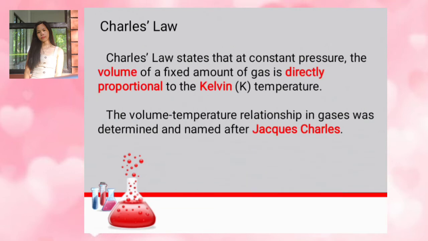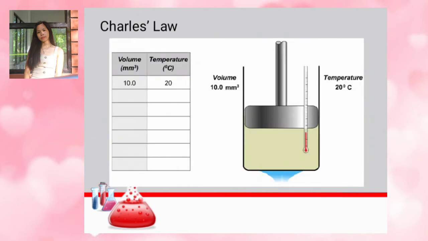And the next topic is Charles' law. Charles' law states that at constant pressure, the volume of a fixed amount of gas is directly proportional to the Kelvin temperature. The volume-temperature relationship in gases was determined and named after Jacques Charles. And this is the example of Charles' law.